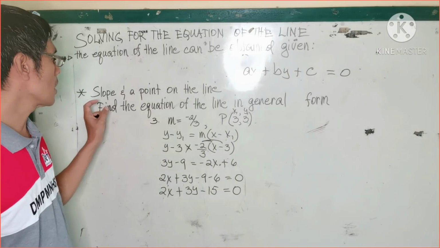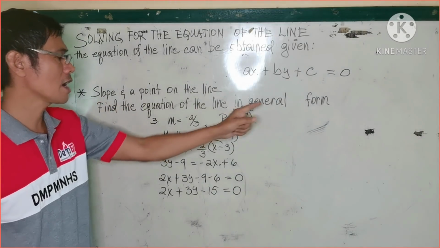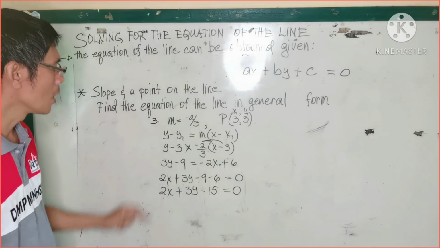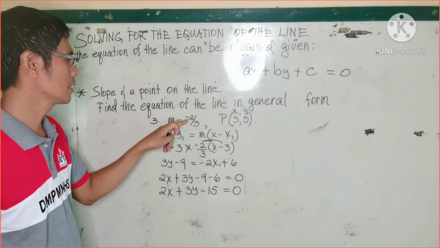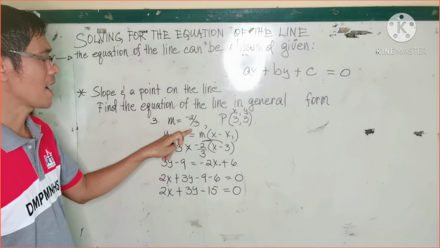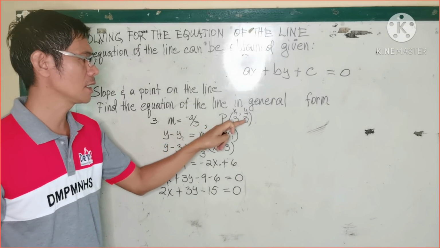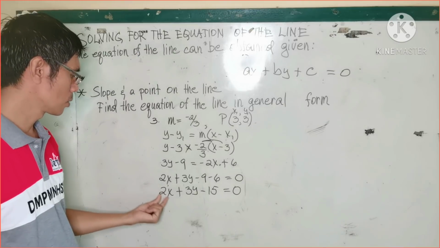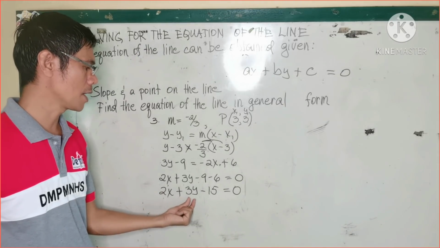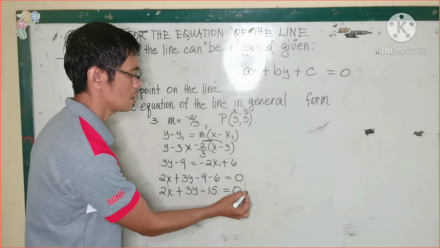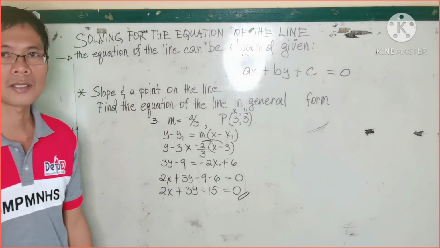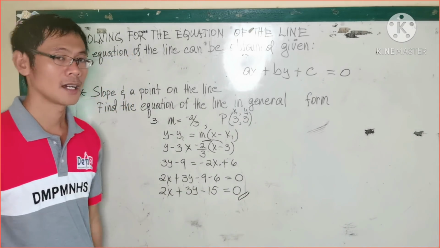So the equation of the line in general form with a slope of negative 2 over 3 passing through the point 3, 3 is 2x plus 3y minus 15 equals 0. So that's now the final answer.